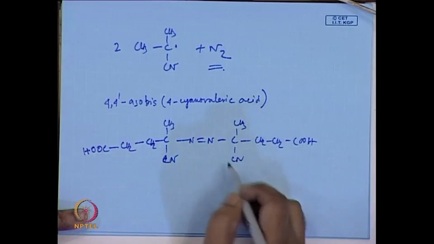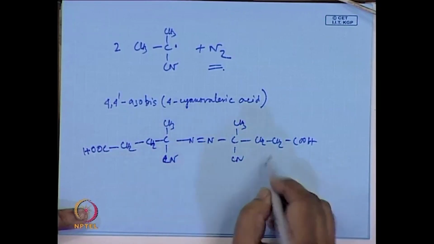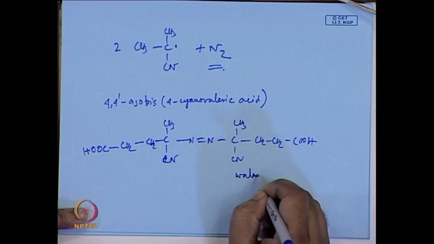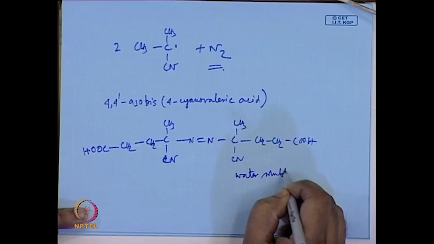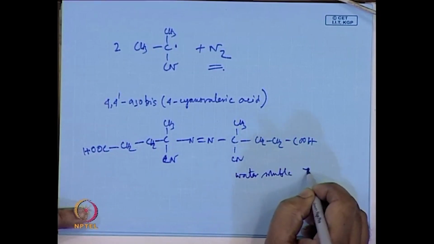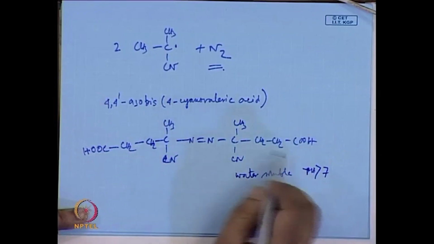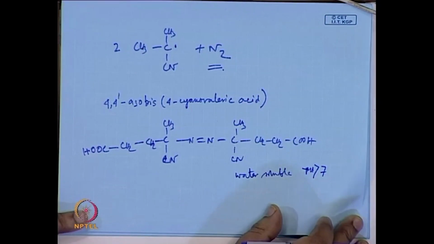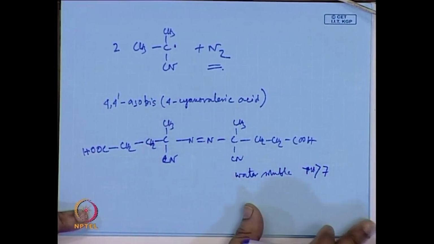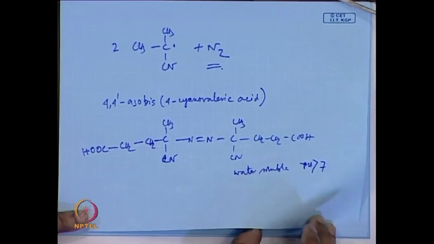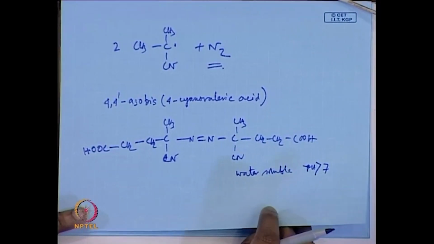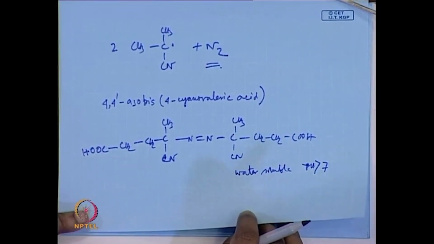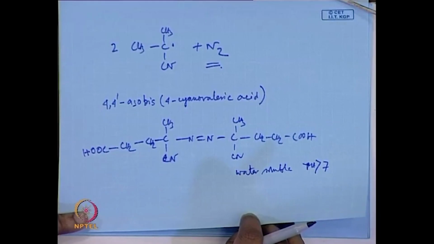Now, this compound's specialty is that it is water soluble at pH greater than 7. So, you can use this azo compound in aqueous medium as well, for doing radical polymerization in aqueous medium, whereas AIBN can be used in radical polymerization in organic solvents or organic medium.